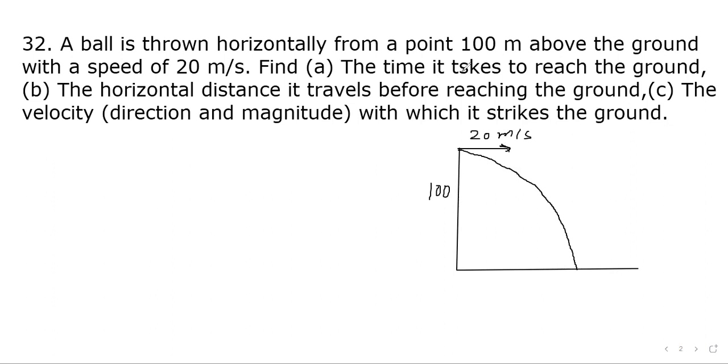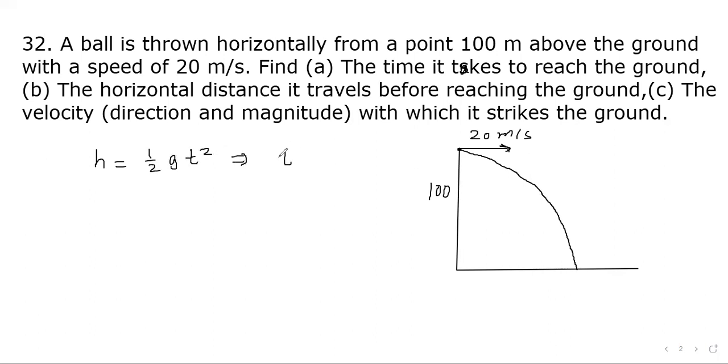Find the time it takes to reach the ground, the horizontal distance it travels before reaching the ground, and the velocity with which it strikes the ground. So we apply the formula h equals, here we are considering vertical motion and the initial velocity downward is 0, so half g t square.